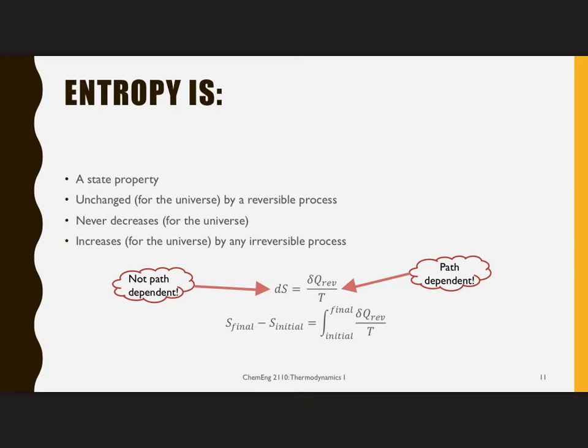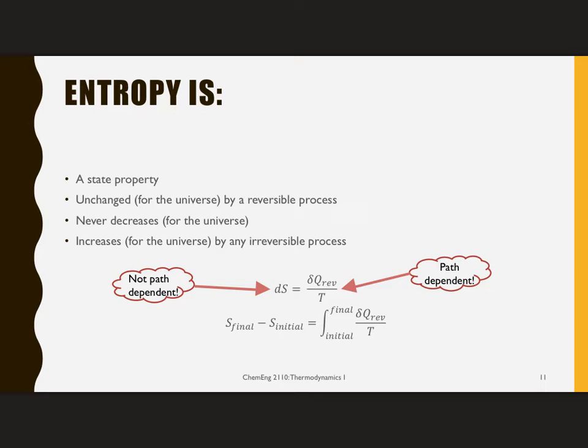So dS is not path dependent, but we are going to define it based on a path dependent process, a reversible process, and we're going to look at the change in heat transfer, so how much heat is transferred, divided by the temperature that transfer happens at. And so we can integrate this over the beginning to end of a process and get a change in S. So S for the final state minus S for the initial state.